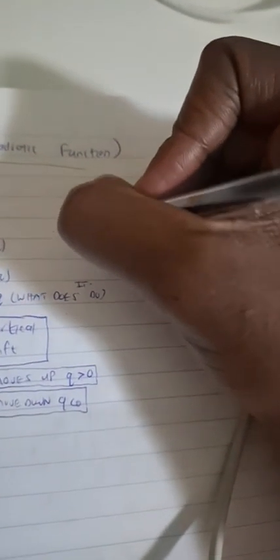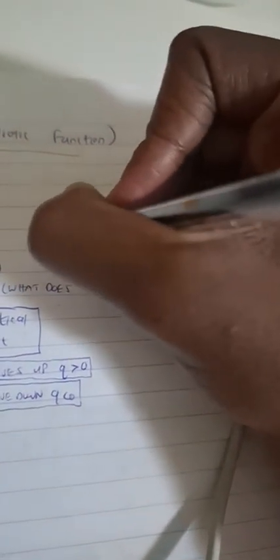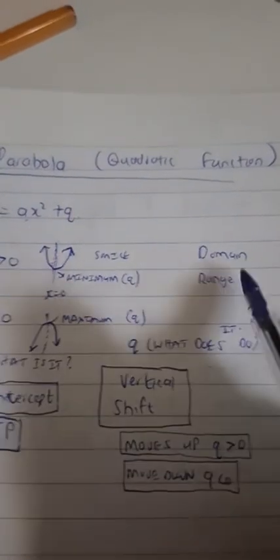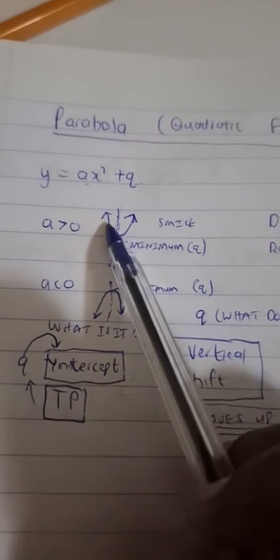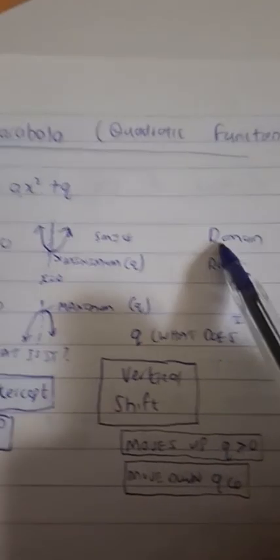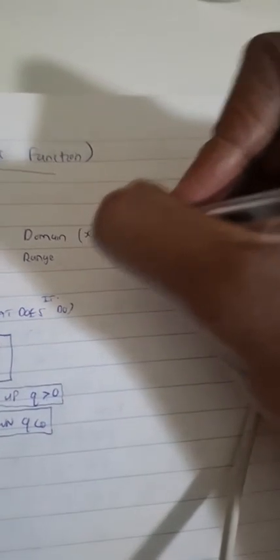All right, then something else I just want to quickly speak about is the idea of domain and range of a parabola. If a parabola function is concave up like this, or a smiley face, what is the domain of any function? The domain of any function is the x values where the function exists. We are looking for the values of x where the function will exist.